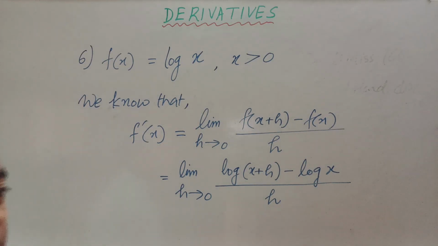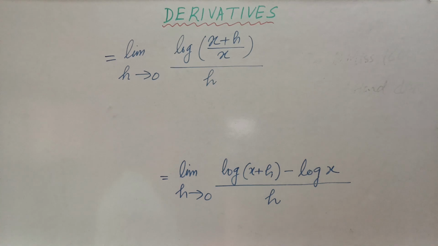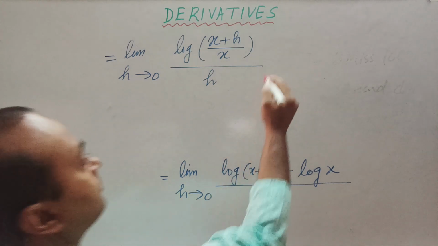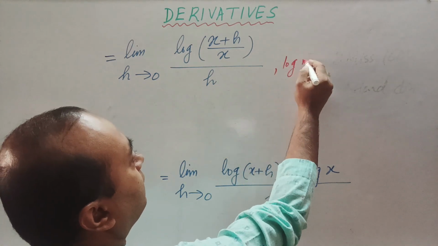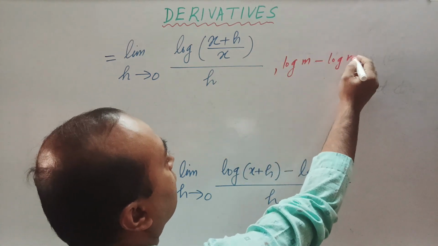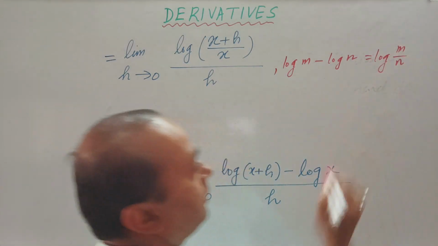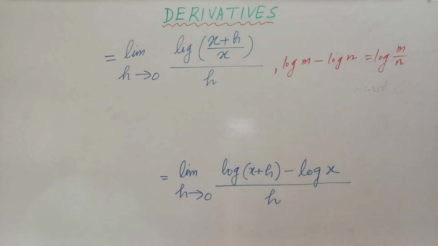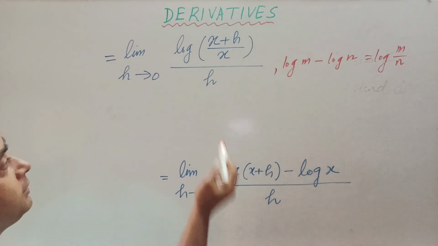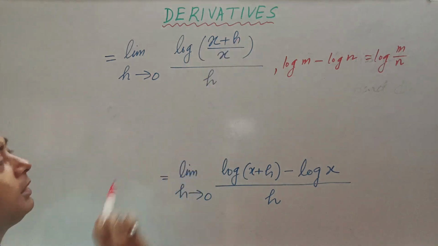Now we have to apply the property of logarithm, so I have written it on the top: log of m minus log of n is equal to log of m by n, right? So using this property of logarithm, I have written x plus h by x.